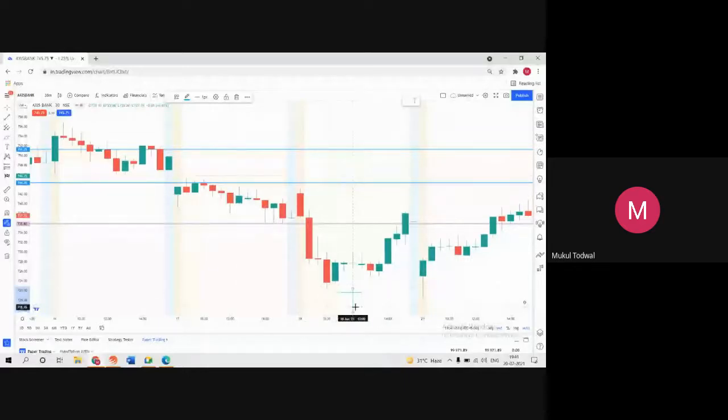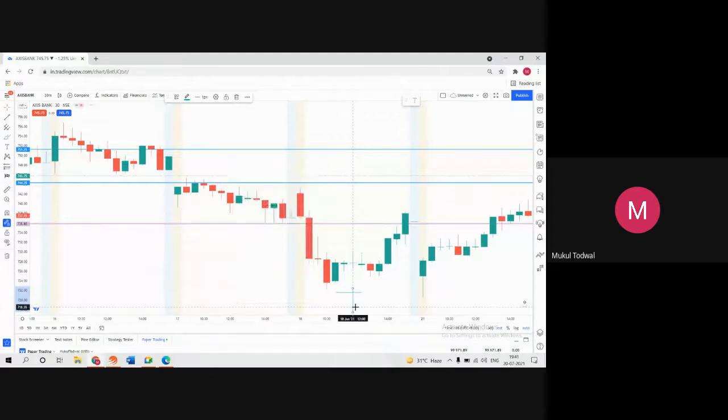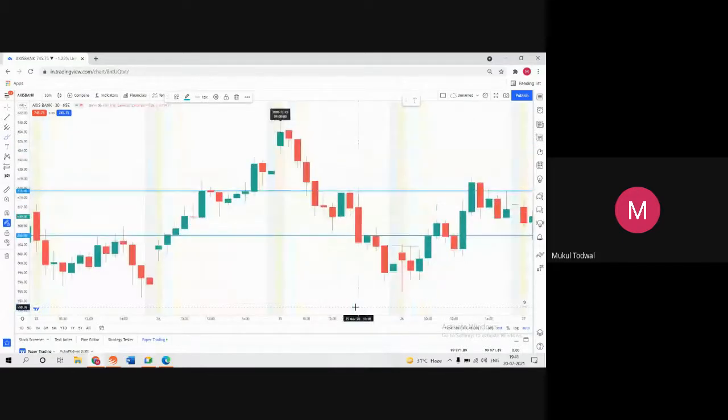Now we will tell you what a hanging man is. We'll quickly move on to 25th of November 2020. This is where you will get a hanging man. See, the stock is in an uptrend till now. Now there is a green candle followed by a red candle.